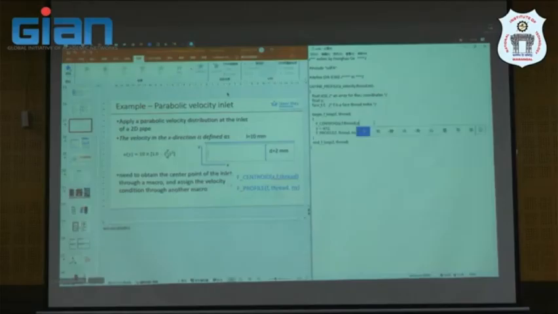We already know that x always starts from 0 first, and then we use this function to calculate the inlet velocity, and then go back to the boundary condition and assign the velocity.